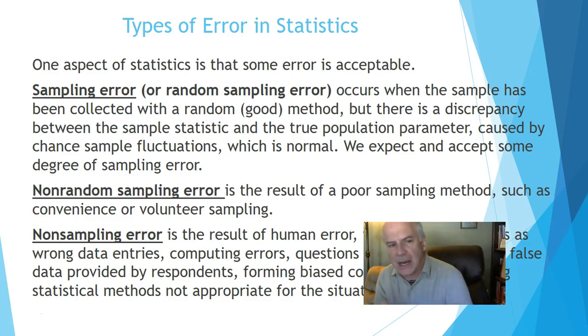This occurs when the sample has been collected with a random or good method, but there's a discrepancy between the sample statistic and the true population parameter. And the cause of this is because in any sampling, you are randomly selecting who's going to go in the sample, and you have little sampling fluctuations or differences in the people that go into the sample, and that's normal.